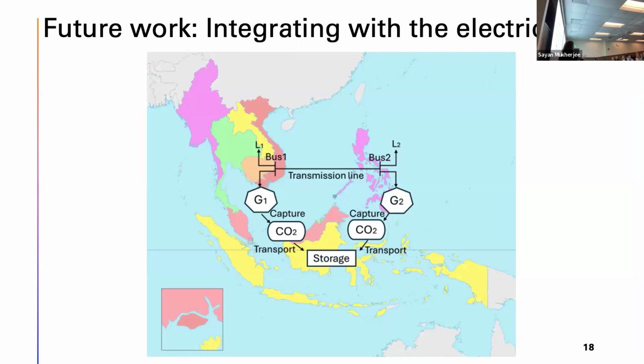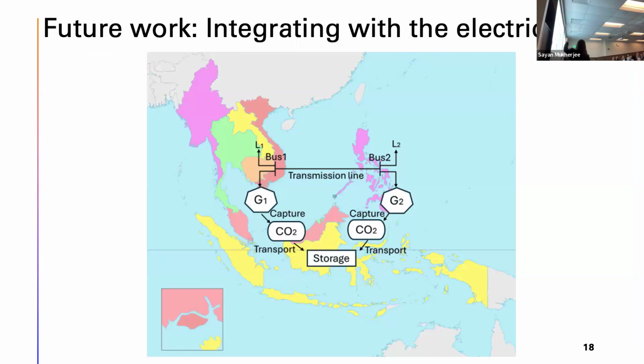But the second future work that I'm currently working on is we want to connect the electricity grid and the carbon grid network. So at these buses, which are just the junction of power, which, for example, is the coal-fired power plant that I was looking at currently. It could also be renewable energy, other forms of power for the future as well.